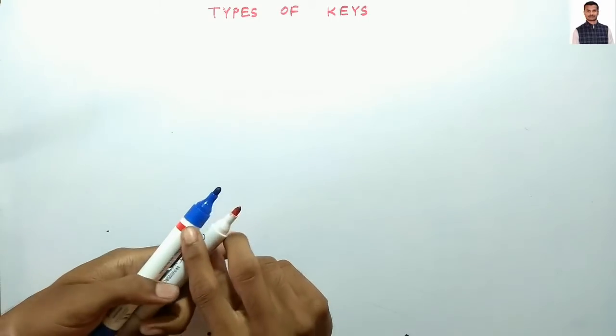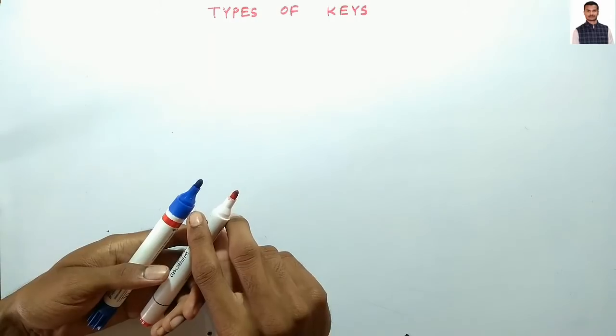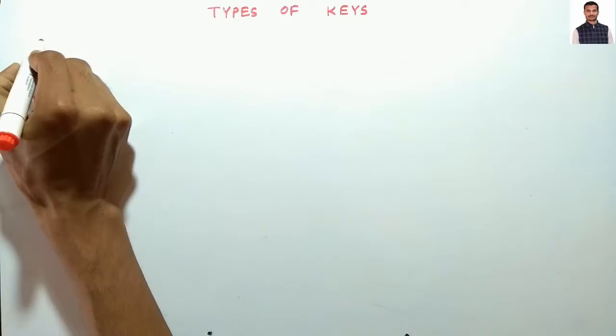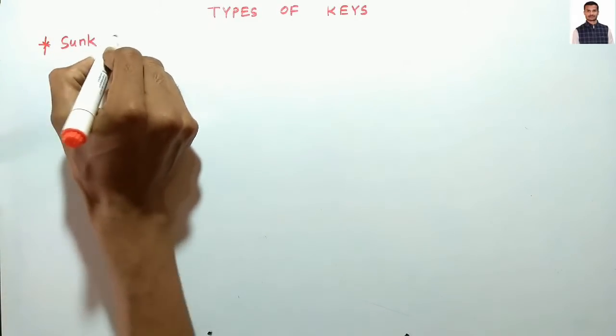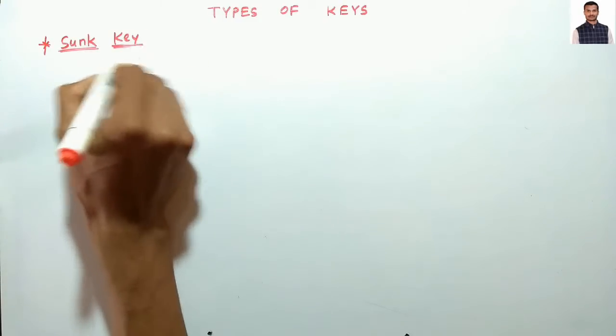Now see friends, what are the types of keys? There are many types of keys, so let us see one by one. The first type of key is the sunk key. What is meant by sunk key?